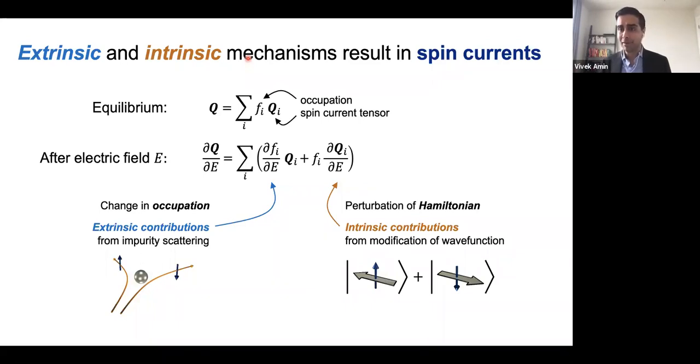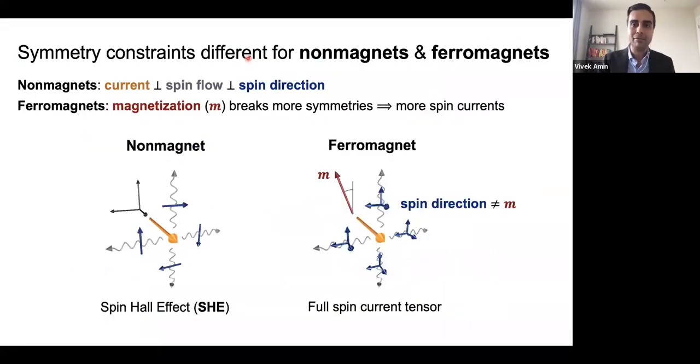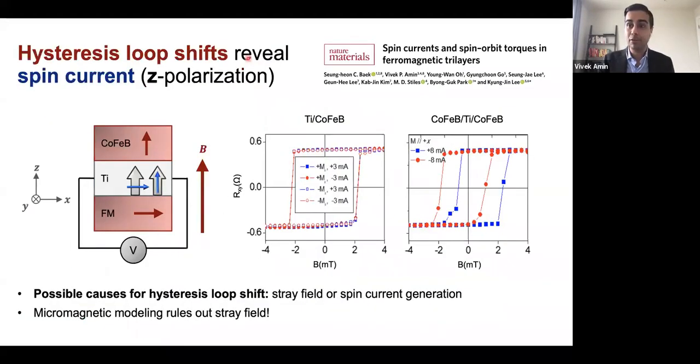If you switch to a ferromagnetic trilayer, you're obviously not looking at the same system anymore, but now you at least have one advantage, that you have a new knob. In this case, you have two ferromagnetic layers, and the magnetization of these layers can be different, which means the interface generated spin currents or the bulk spin currents that you expect from one interface or one ferromagnetic layer are different than the other one.